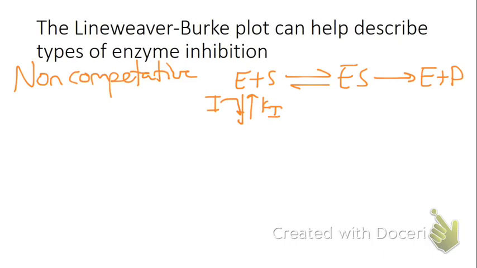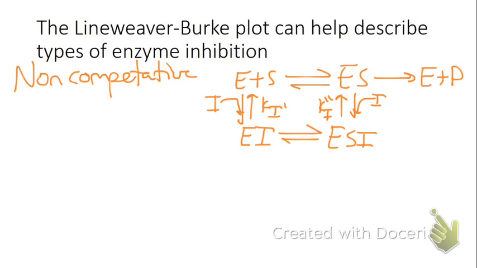The same thing goes with Ki: the lower the Ki, the better an inhibitor it is. Depending on how these things bind, they can have two different Ki's, a Ki when the substrate is not bound, and a Ki when the substrate is bound.